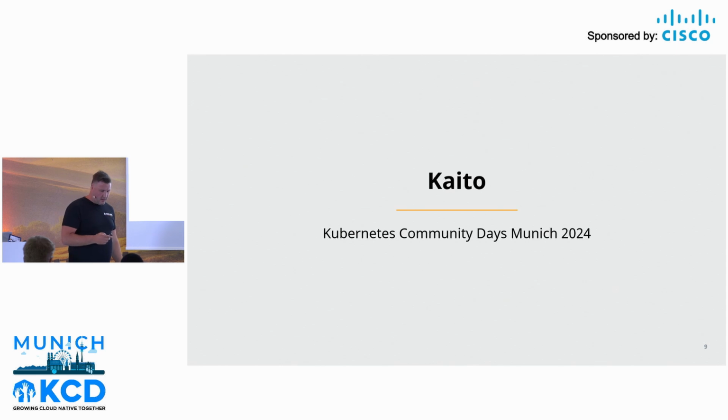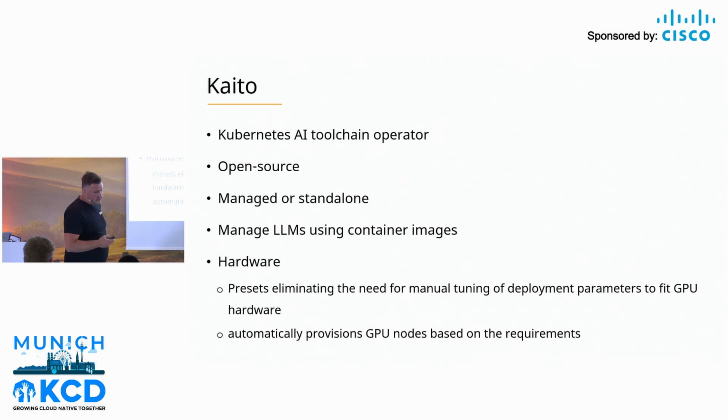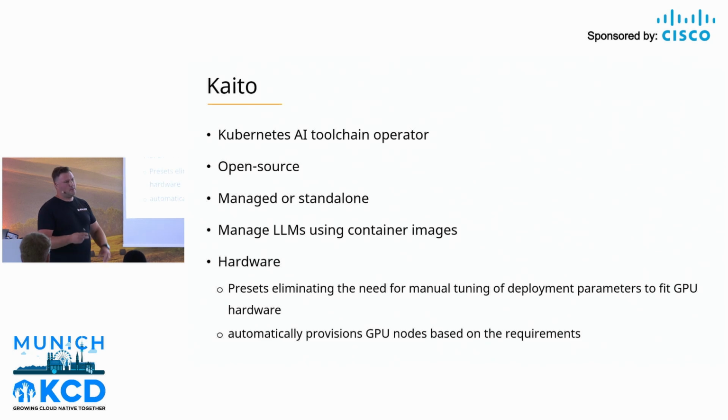OK, then we have Kaito. Kaito is the AI toolchain operator. It's completely open source. You can have it managed when you're running on Azure, so you run a CLI command and Azure will install it for you and manage it. Or you can use the Helm charts and make a standalone installation. The approach of Kaito is that it manages LLMs as container images. So you have pre-trained models, and they are container images.